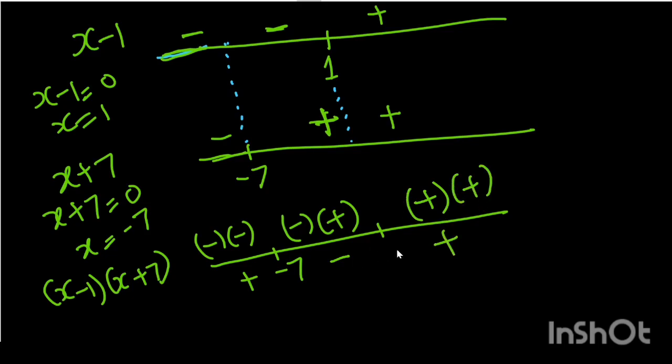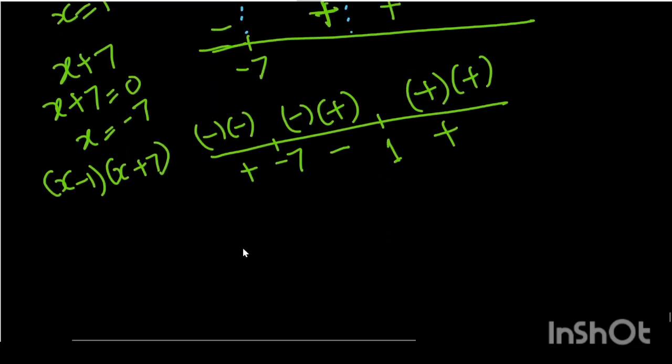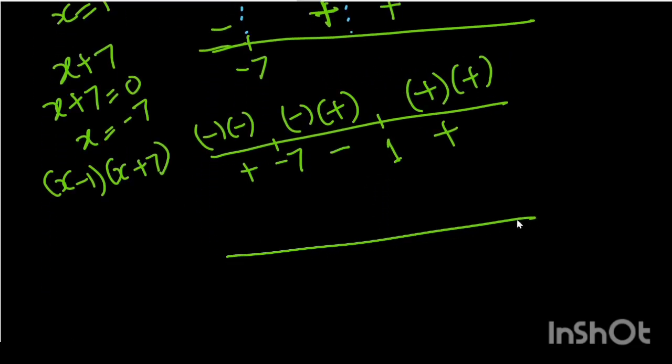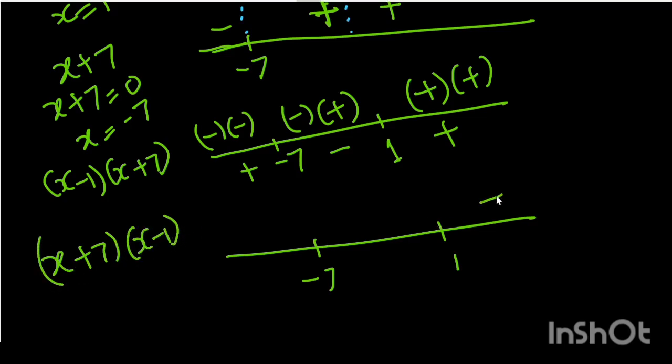So guys, this is 1. So for x plus 7 into x minus 1, the signs are again the same that we obtained: plus, minus, plus.